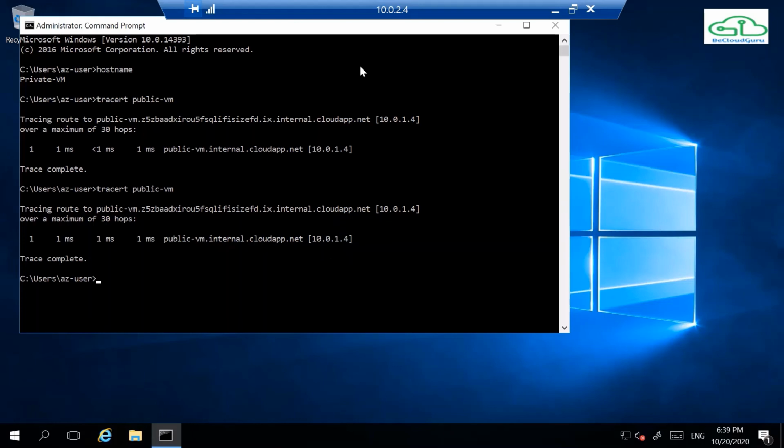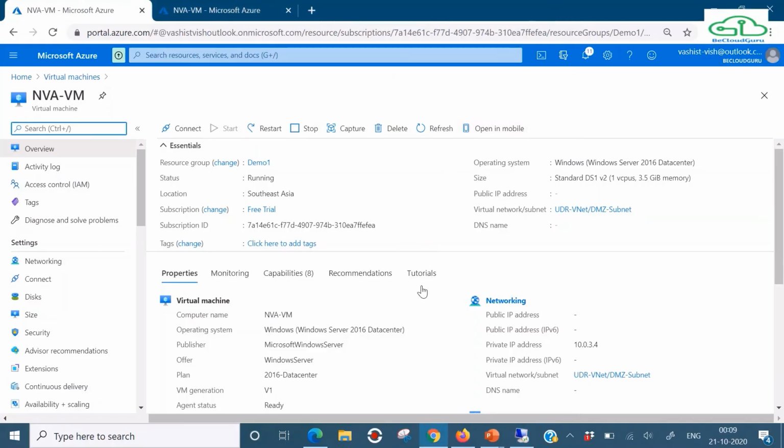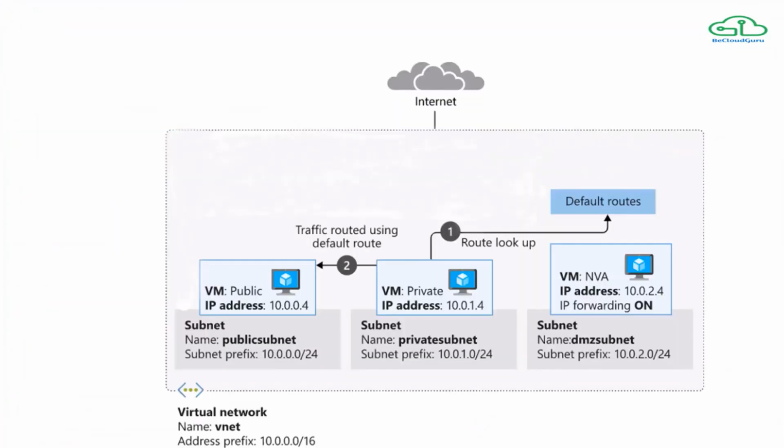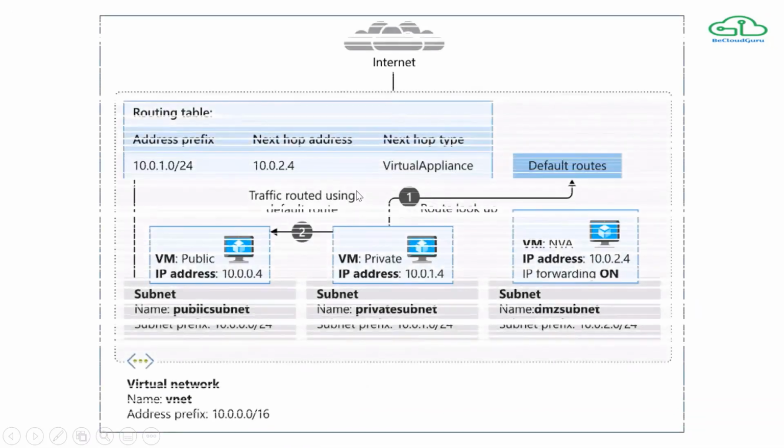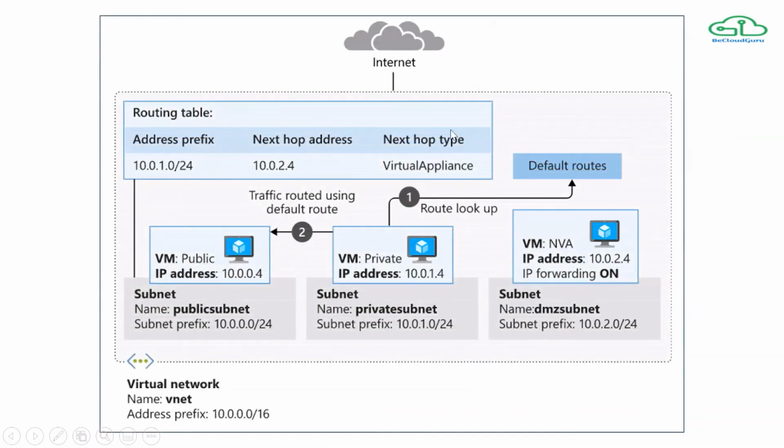Let's go back to our PPT once again and see what we have just done. This was the condition where we started. Then we added this routing table to this public subnet.